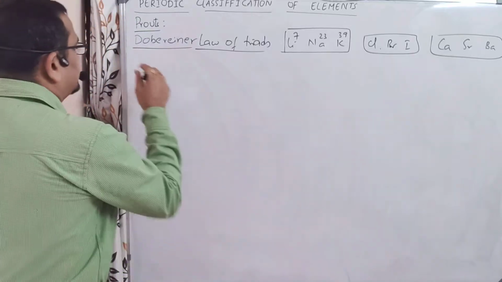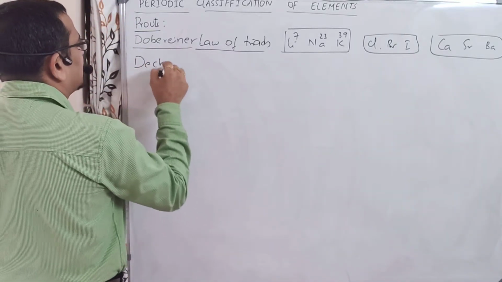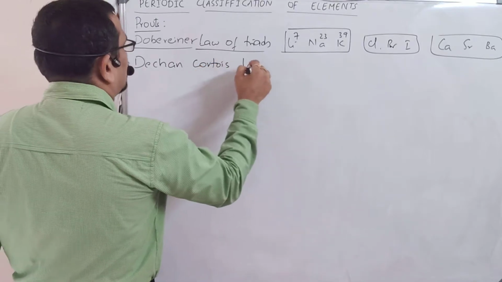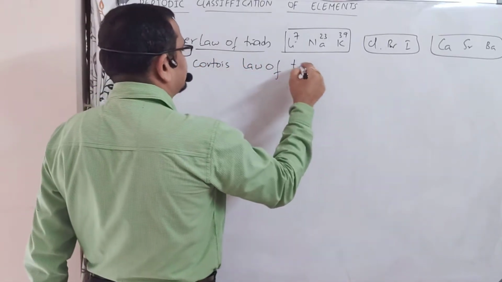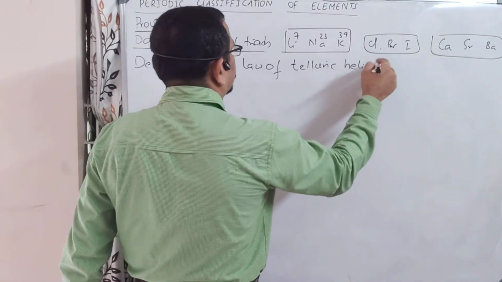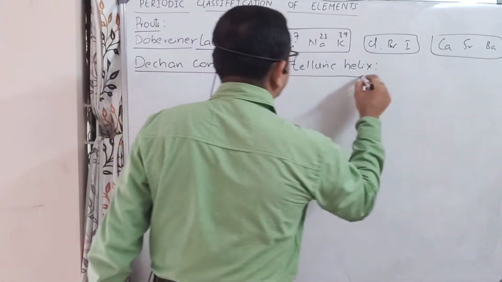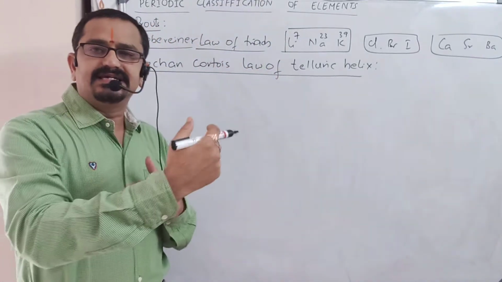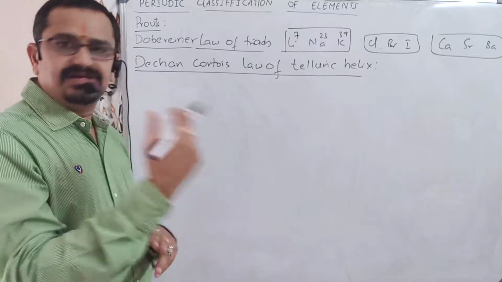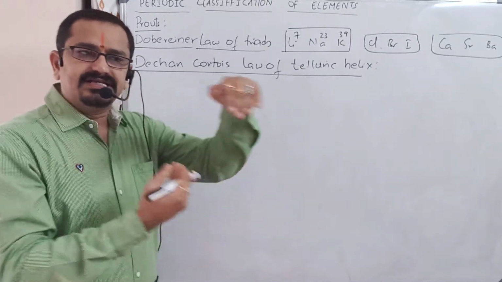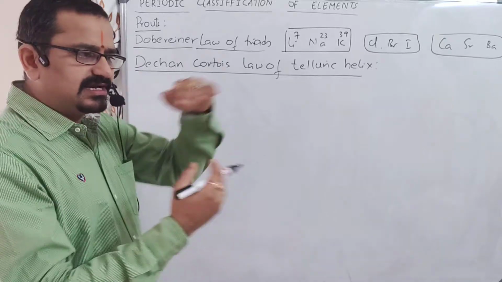At that time, de Chancourtois gave the law of telluric helix. He arranged the elements with increasing similarity in properties, or variation of properties, in a cylindrical manner, on a cylindrical tube.